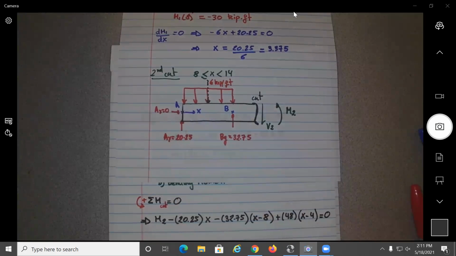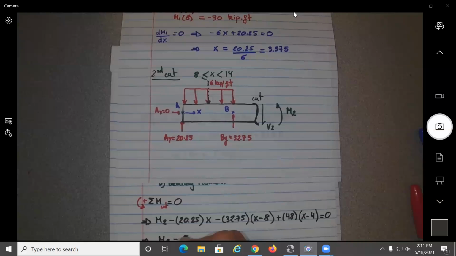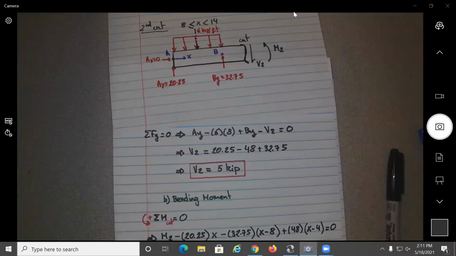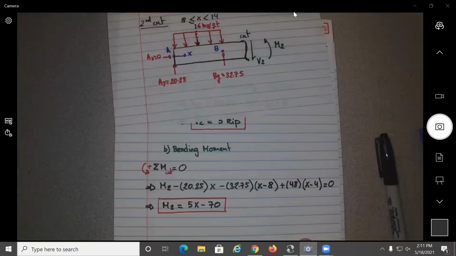So if we do the algebra, I have here the result, but if you want to check, for this one I had it, it is 5x minus 70. So again, this is the equation of a line.